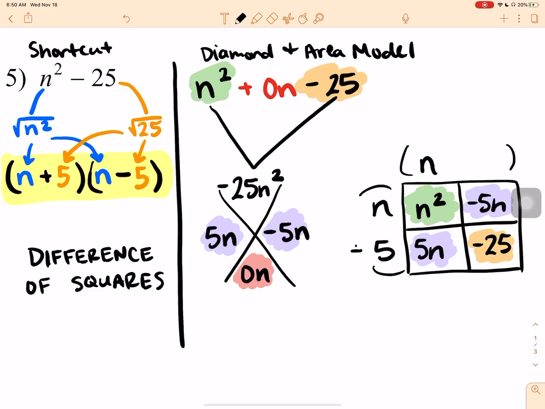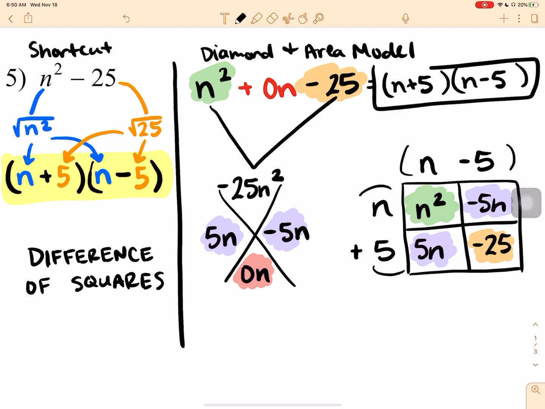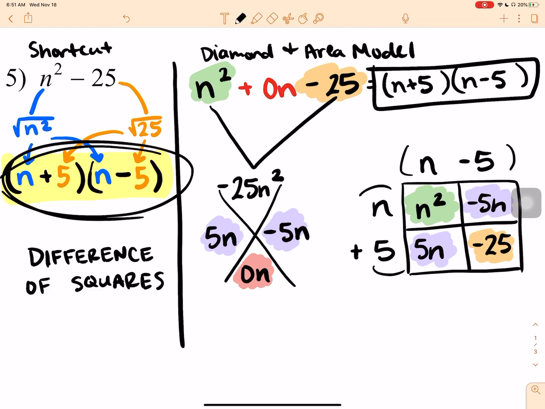Okay, so it's going to be plus 5. And over here, these two are both negative, so that up there is going to be a negative 5. If you double check everything, it should check out in your area model. So our factored form is n plus 5 times n minus 5, which is the same thing as we got over here. We just used the shortcut over there on the left.